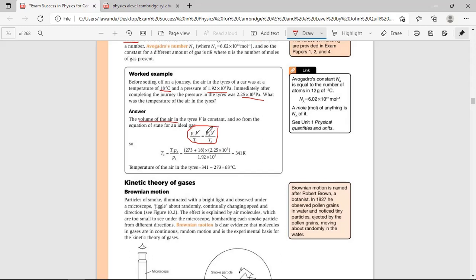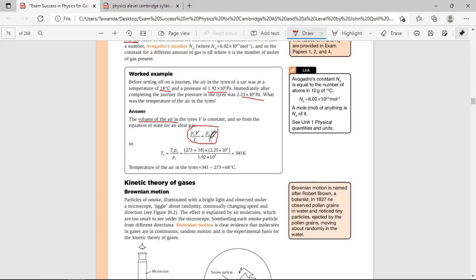As you can see here, the volumes cancel each other, and if you make temperature T the subject, you are going to remain with this. Since the temperature is in degrees Celsius, whenever you are calculating this one, you need to convert your temperature to kelvins. So you need to add 18 degrees Celsius to 273, and your temperature will be in kelvins.